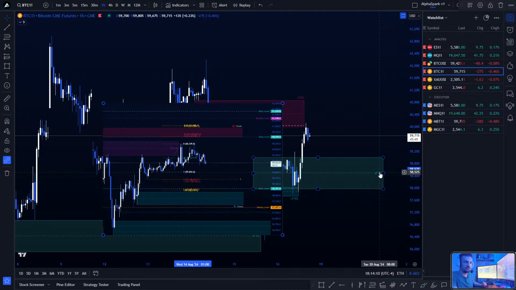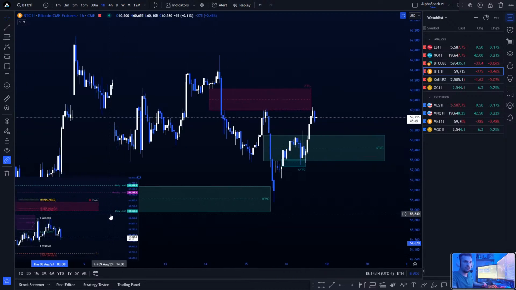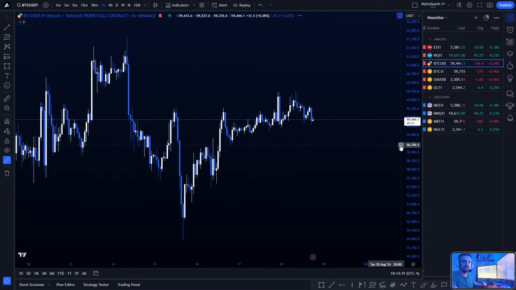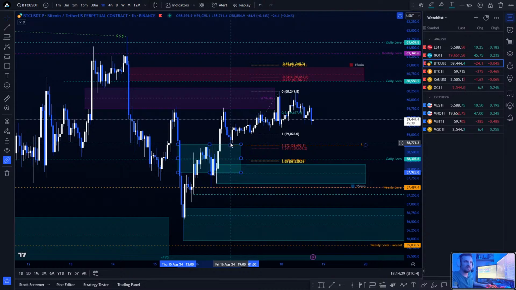Okay. Also, it seems like we have already tested it. I'm assuming this at our naked eye, but yeah, we already tested this inverted fair value gap with that candle over there.